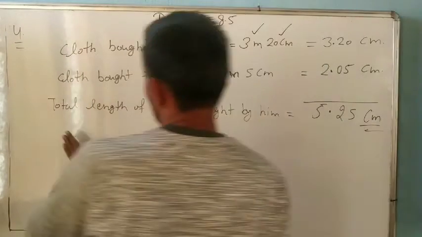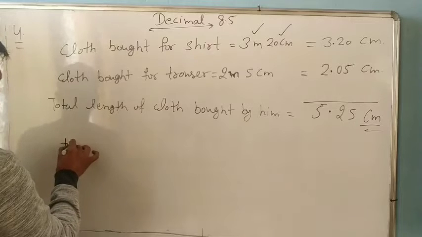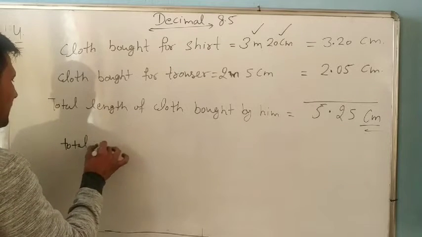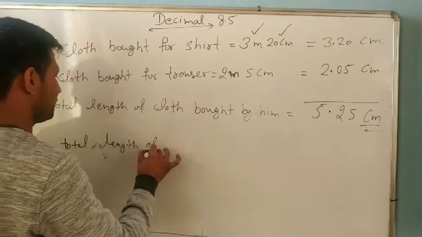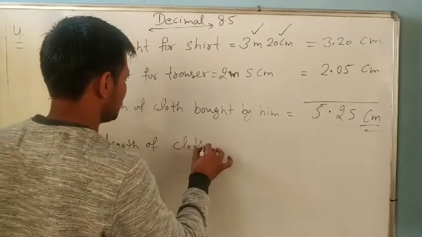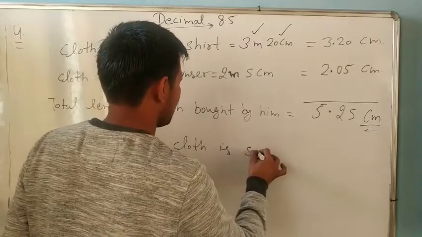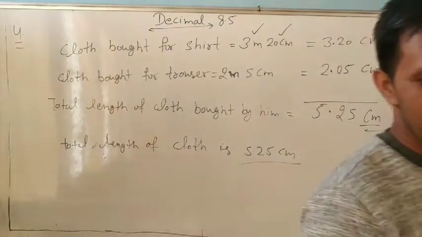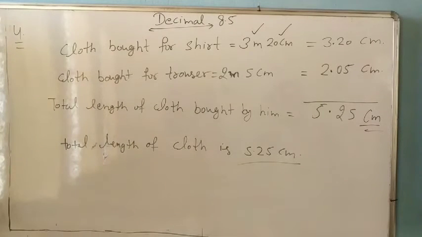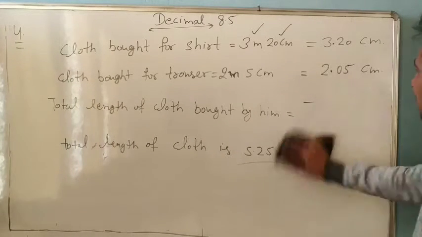Otherwise you can write in the next line also: total length of cloth is 5.25 meter. Understand it? So it is a very easy question. You can do it yourself.